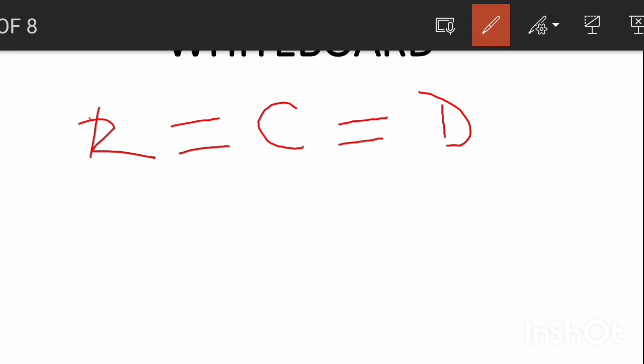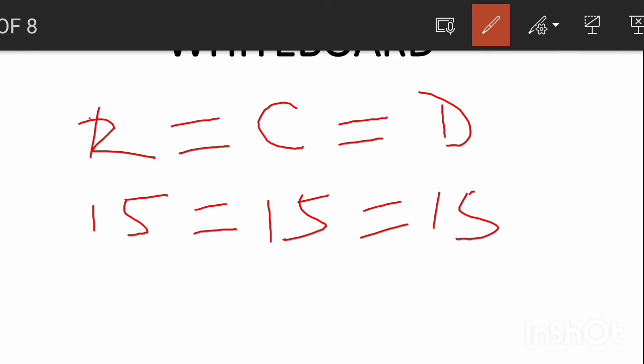So this implies that if a row is 15, then the sum of numbers in a column will also be 15. Then the sum of numbers in the diagonal will also give you 15. We can see that this is a special box with a unique property.